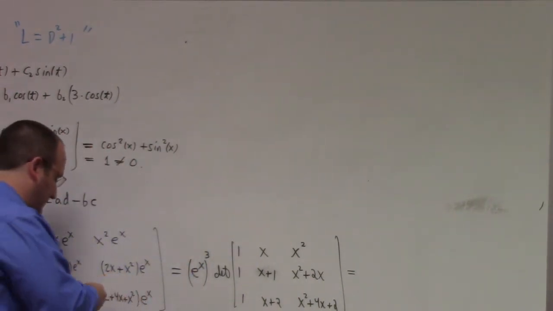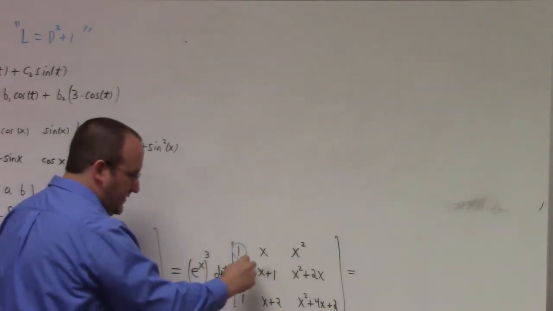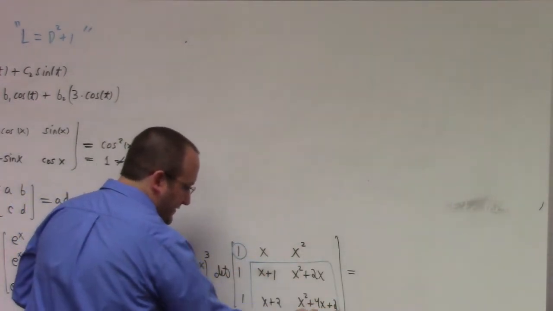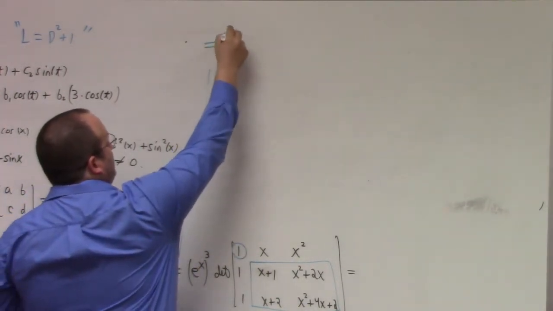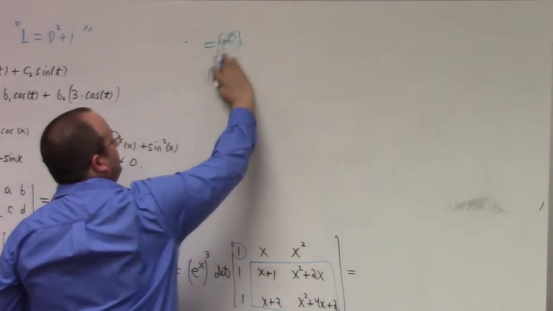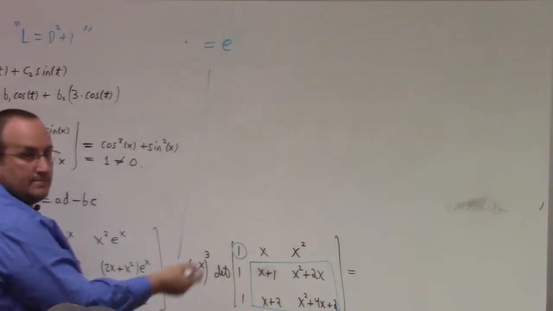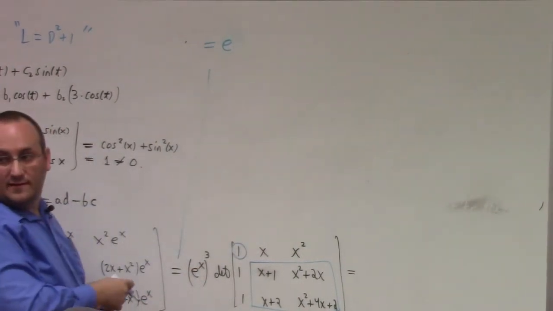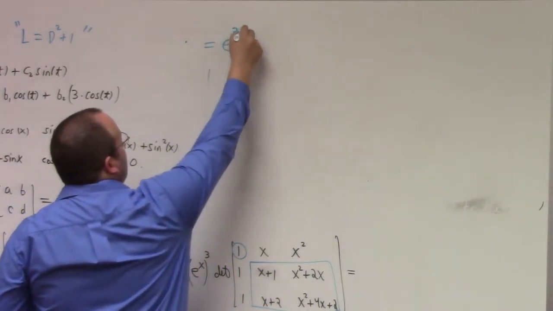What we do is it's just like the cross product, right? So start with this 1 and look at everything that's not there. We still have that e to the x cubed outside, which we could rewrite as what? Let's be civilized. That's e to the what? E to the 3x, yes.